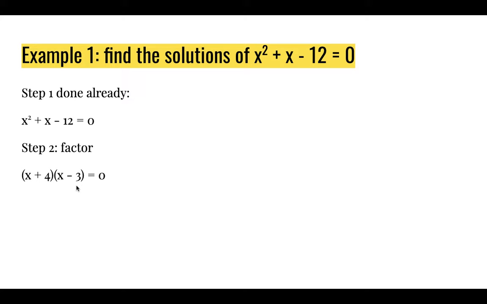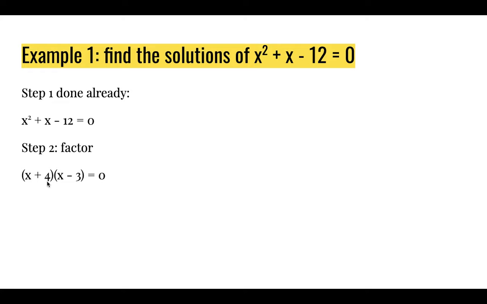Now I want you to notice here, for this equation to be true, so for this left side to equal 0, one or both of these binomials have to equal 0. That's why our solutions are called zeros. Because if I find x that makes this 0, it will make this equation true, which is a solution to the equation.